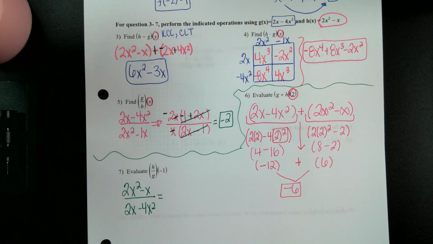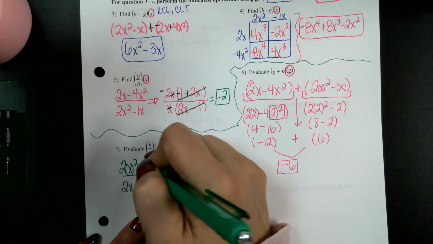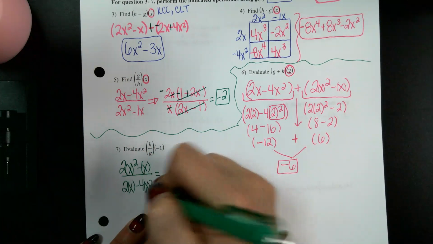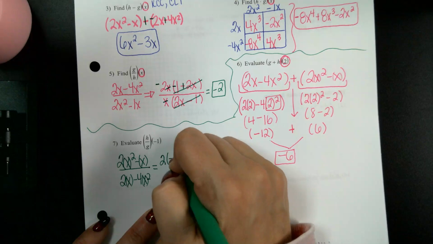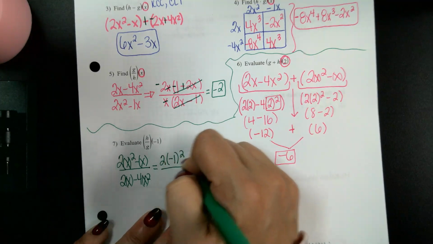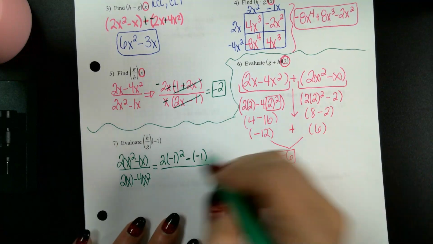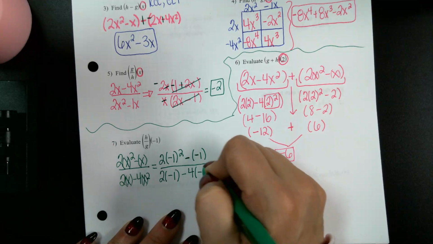What number am I plugging in? Okay, so wherever you see x's, and there's lots of them, you're plugging in a negative 1. So I'd have 2 times negative 1 squared minus a negative 1 up top. And on the bottom, 2 times negative 1 minus 4 times negative 1 squared.